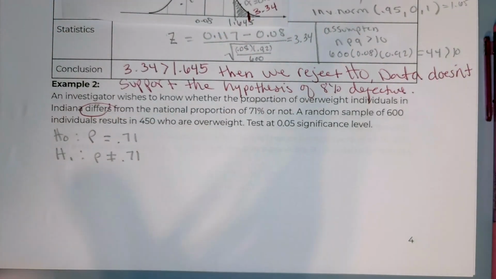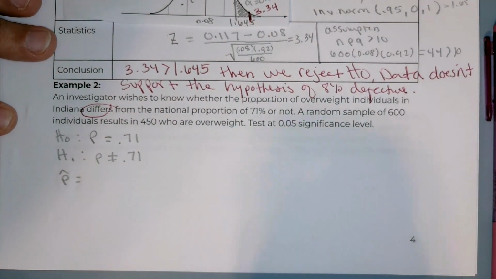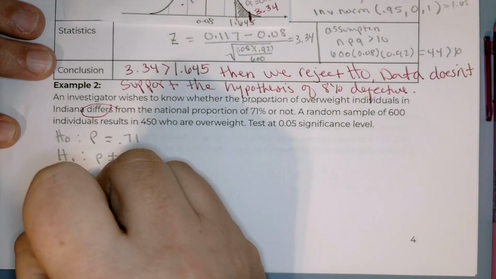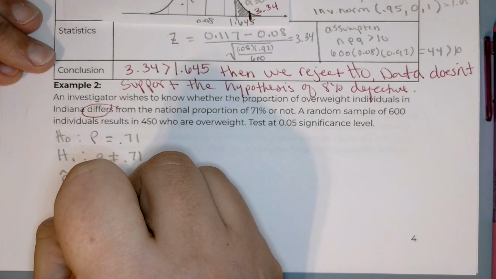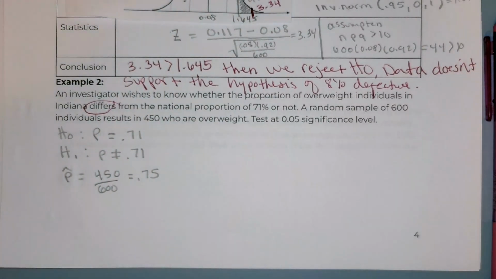We're just saying that it is not 71%. Now we need our p hat. Our sample is 450 divided by 600, which is approximately 0.75.